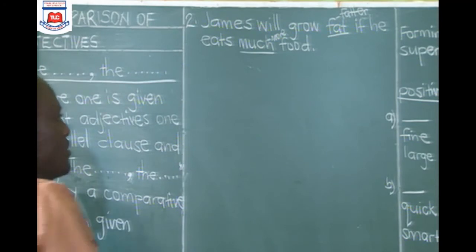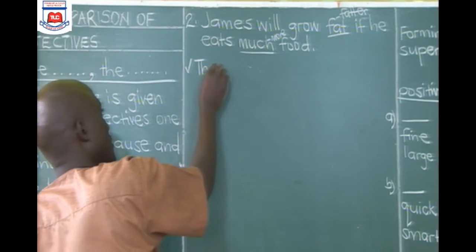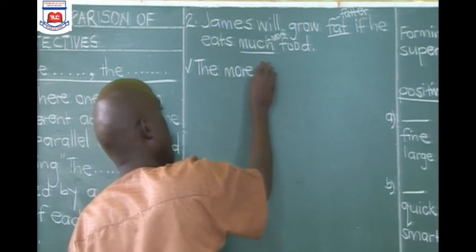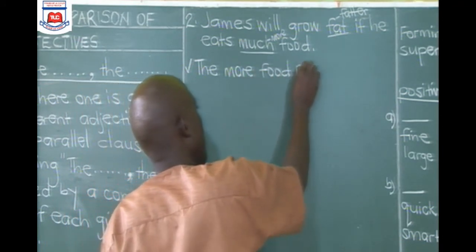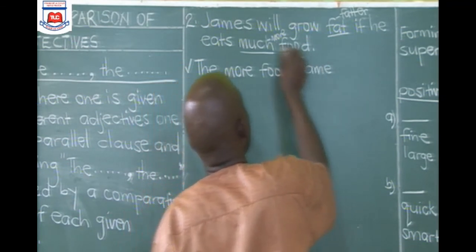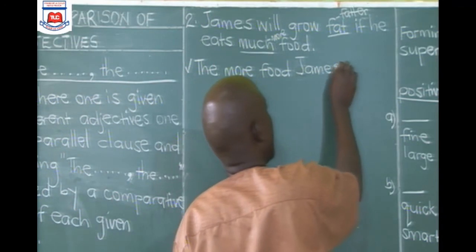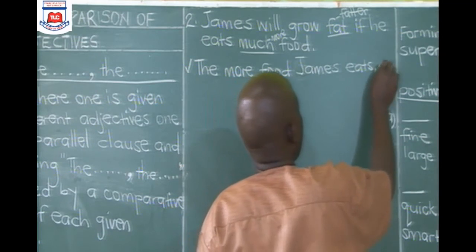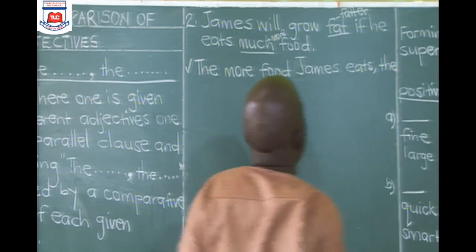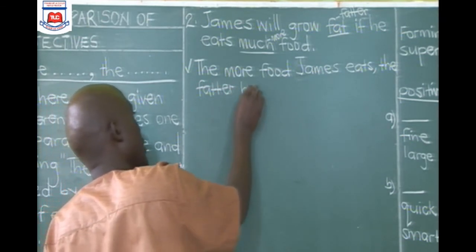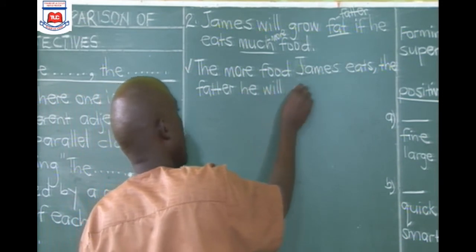So what is going to be our answer? We are going to start with the more food James eats, comma, the fatter he will grow.